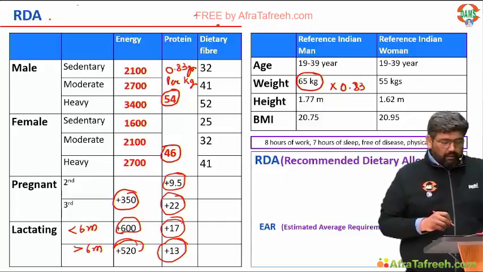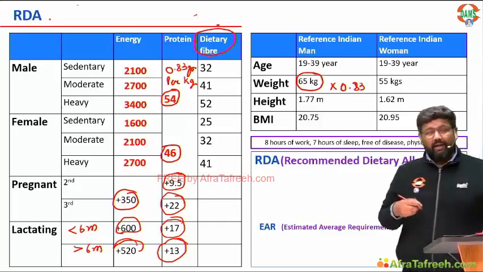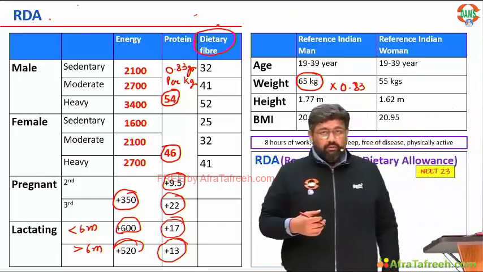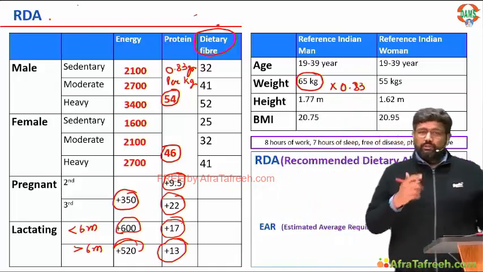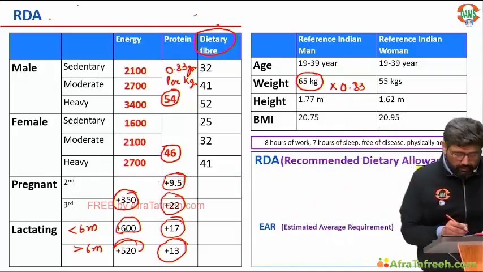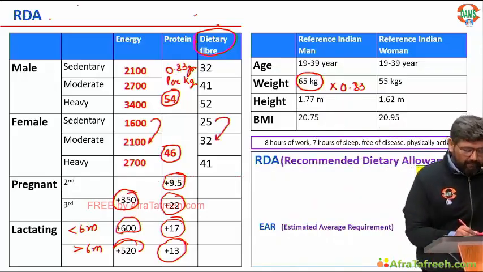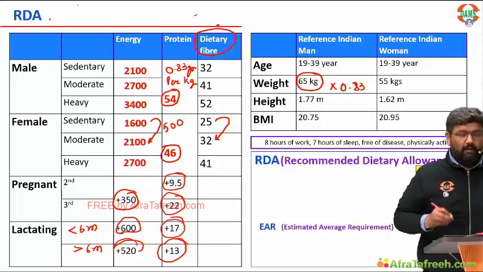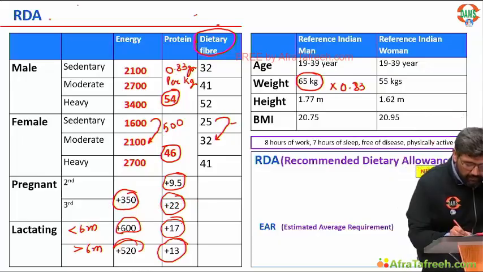Right? Now, guys, recently dietary fiber is in talks, so I feel this is important for your exam. Just 2-3 numbers you have to learn. 25. Again, sedentary female first. Here we added 500, and now here you have to add 7.